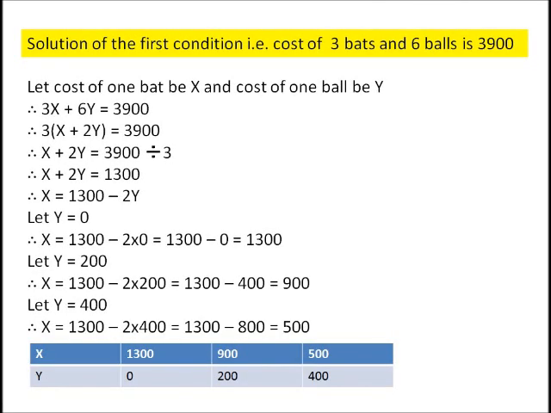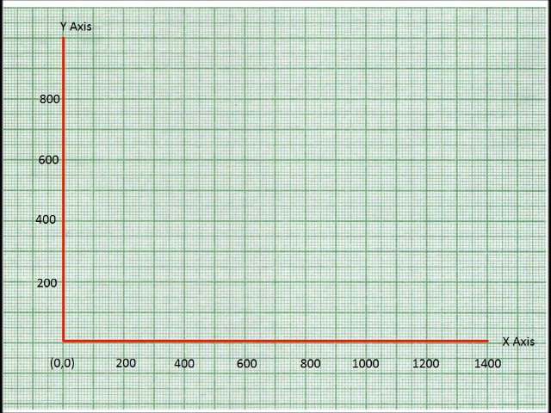Now arranging these values of x and y in a tabular form, x is equal to 1,300 for y is equal to 0, and x is equal to 900 for y is equal to 200, and x is equal to 500 for y is equal to 400. Now draw 2 lines on the graph.